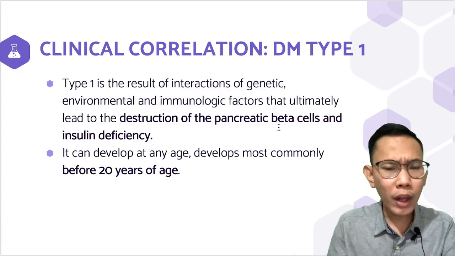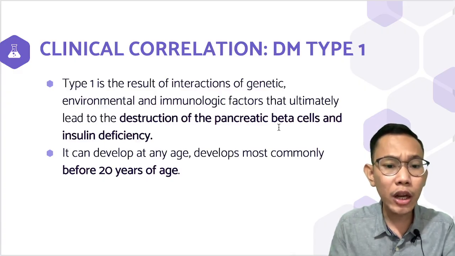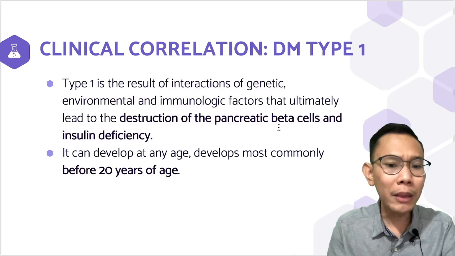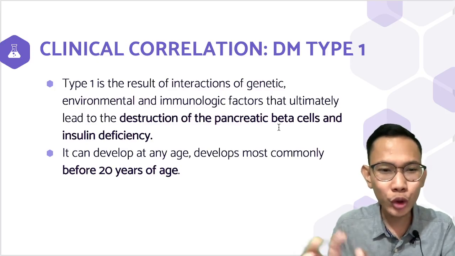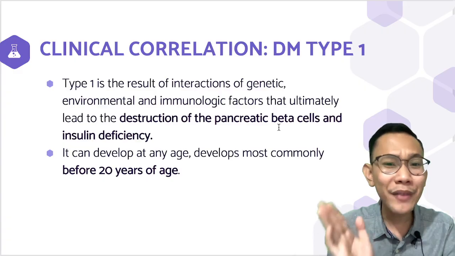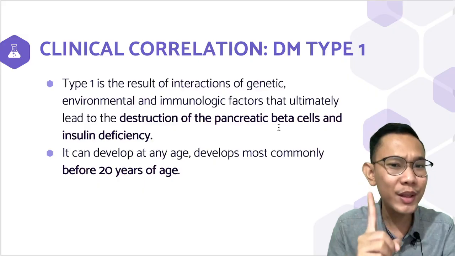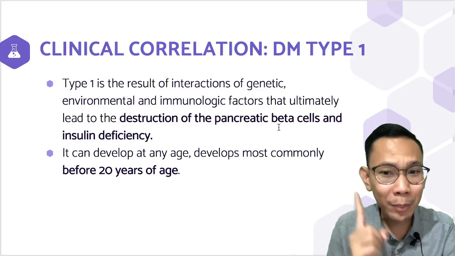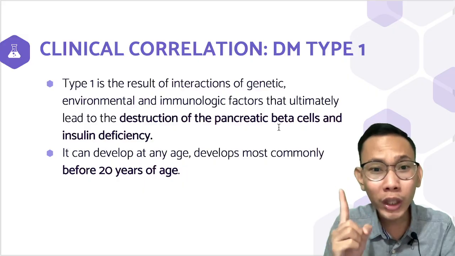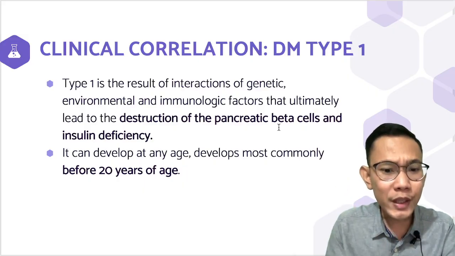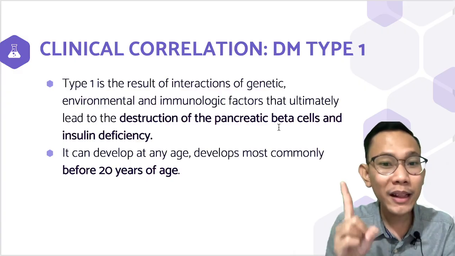So individuals with genetic susceptibility are thought to have a normal beta cell mass at birth. So usually pag may mga marami kasing factors why nagkakaroon tayo ng DM type 1, and one important factor is genetic susceptibility kasi nga it's brought about by autoimmune destruction. So at first normal beta cells pa sila.